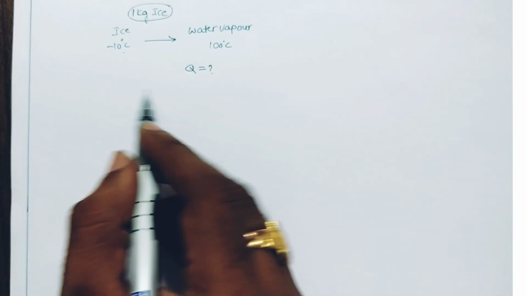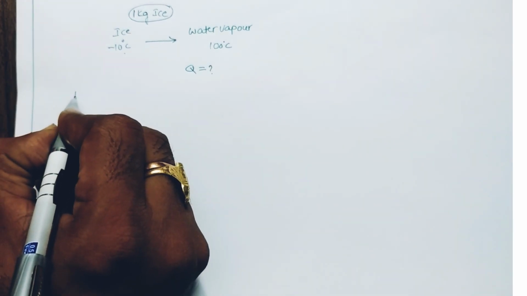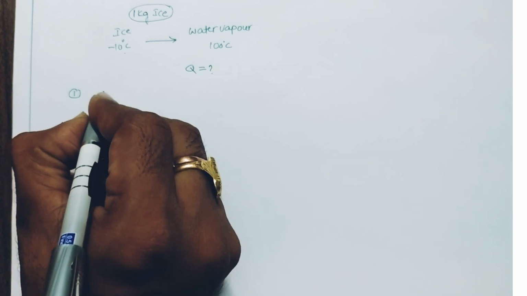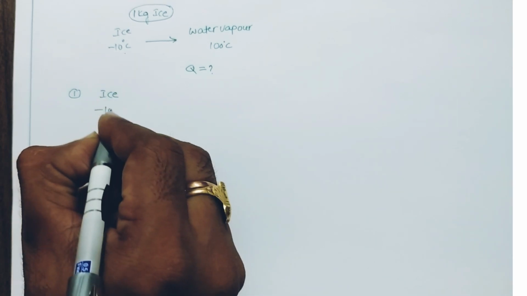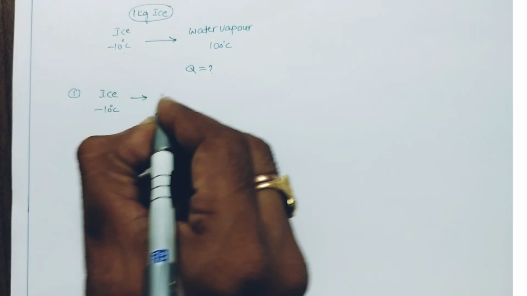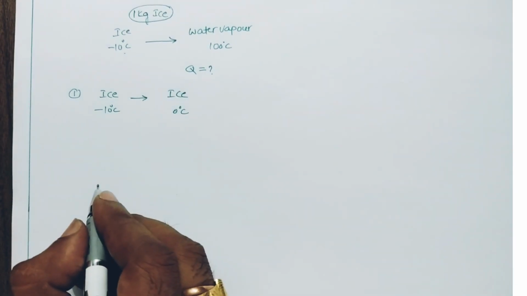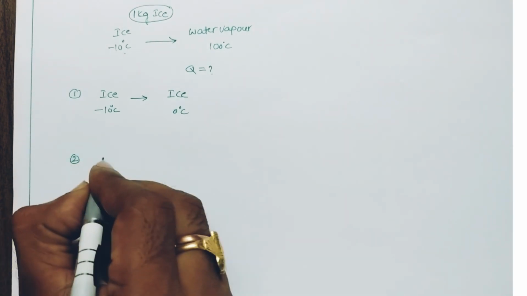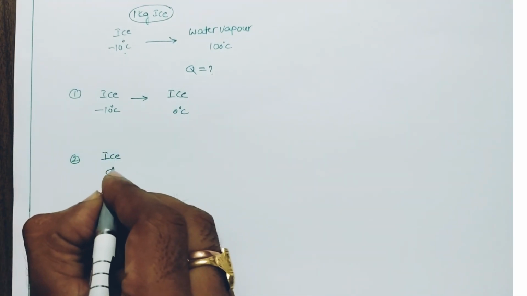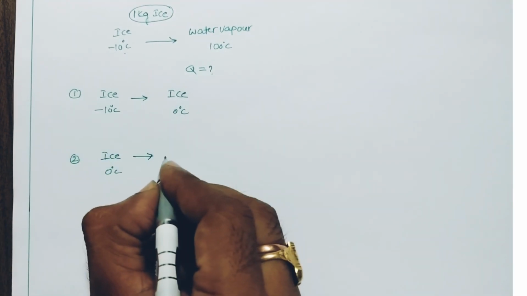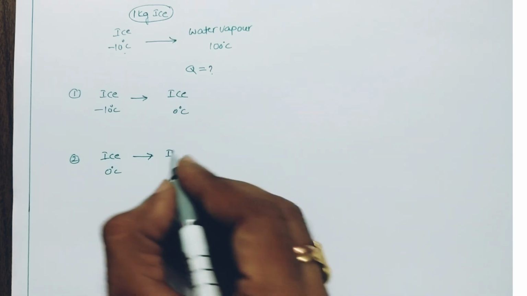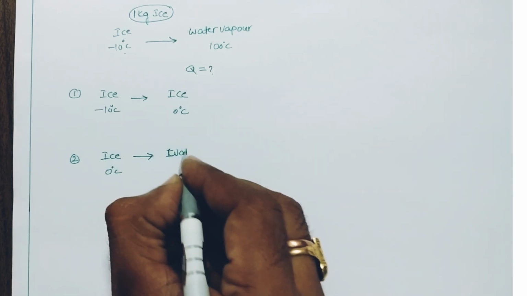So in this problem there are 4 stages. In the first stage, ice at minus 10 degrees centigrade is converted into ice at 0 degrees centigrade. In the second stage, ice at 0 degrees centigrade is converted into water at 0 degrees centigrade.